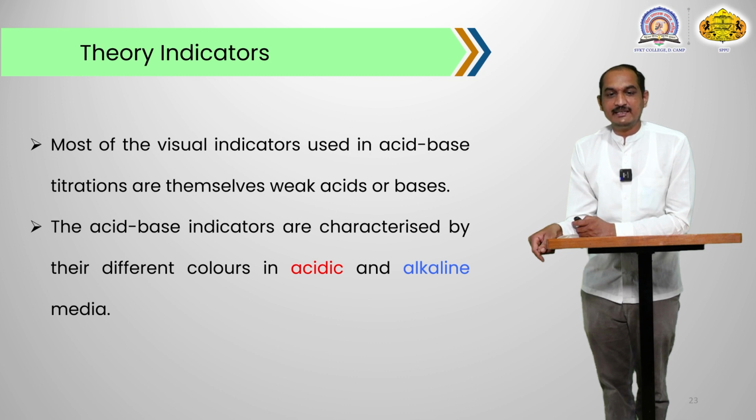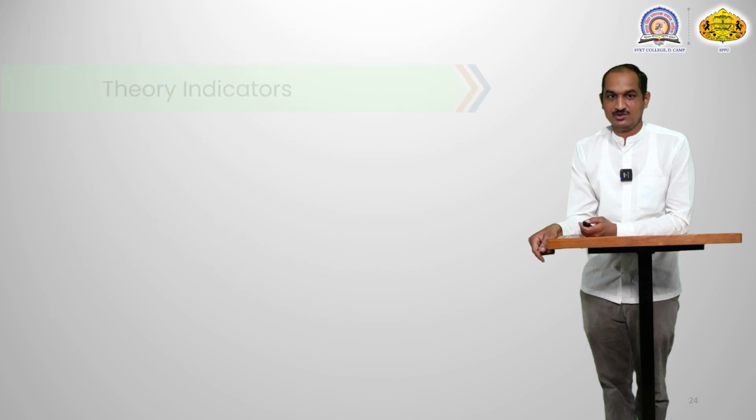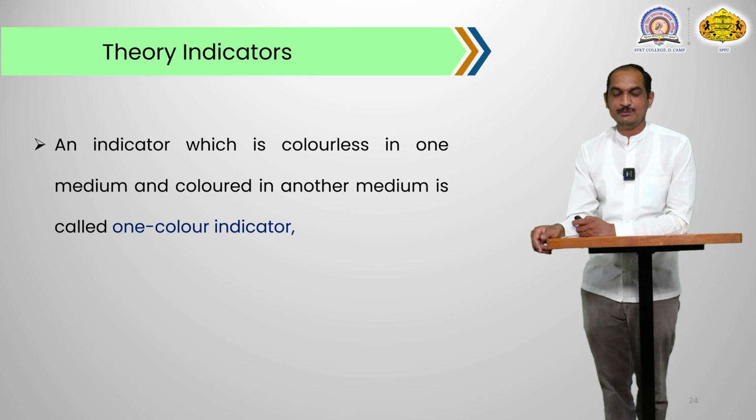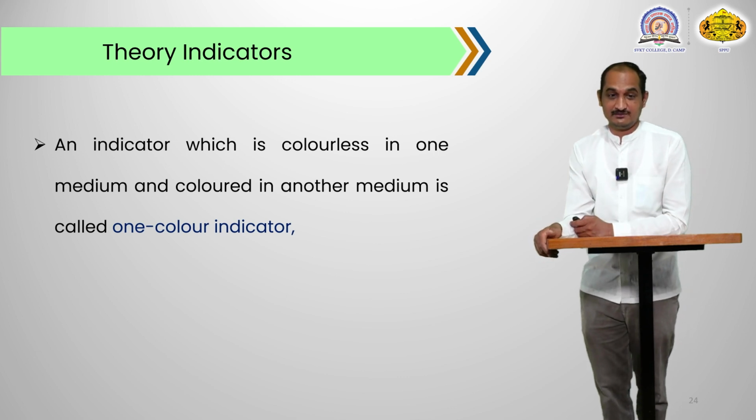The acid-base indicators are characterized by their different colors in acidic and alkaline media. An indicator which is colorless in one medium and colored in another medium is called a one color indicator. Important term, one color indicator.